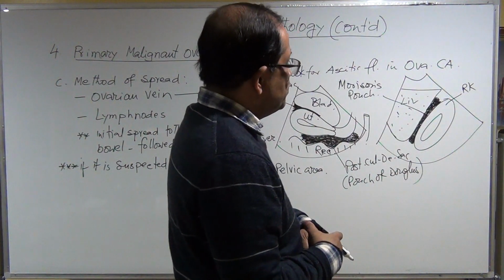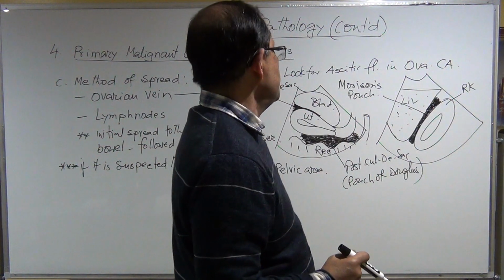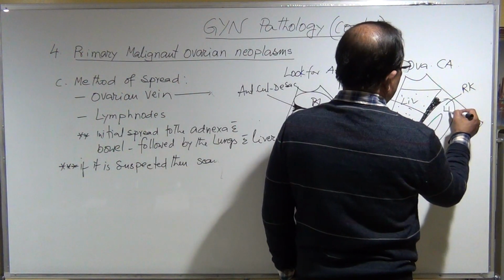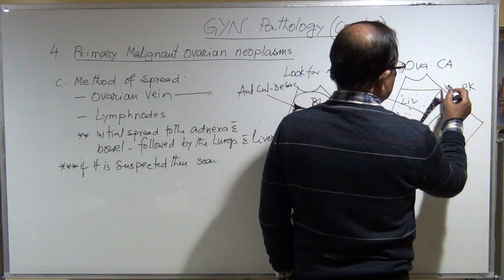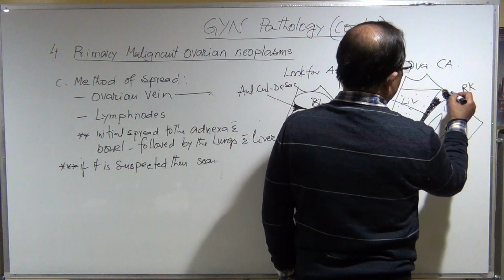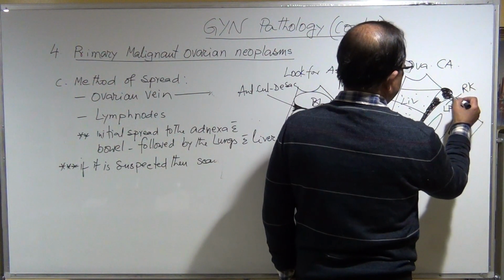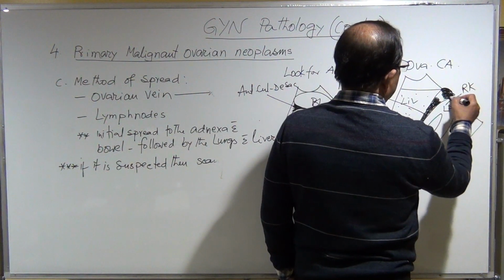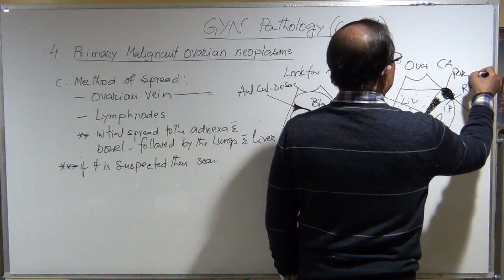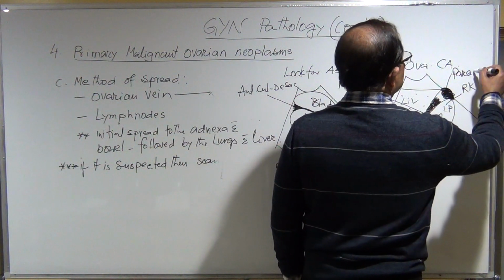And beside this, if you see fluid collection, this is the lower pole. Fluid collection here, only here, that is actually the paracolic gutter on the right side.